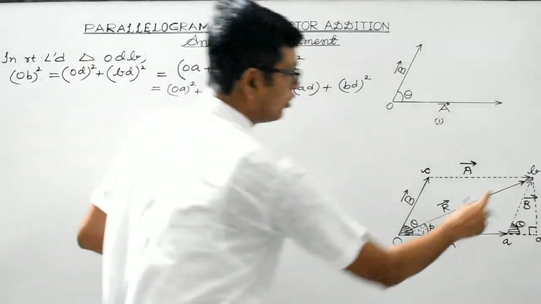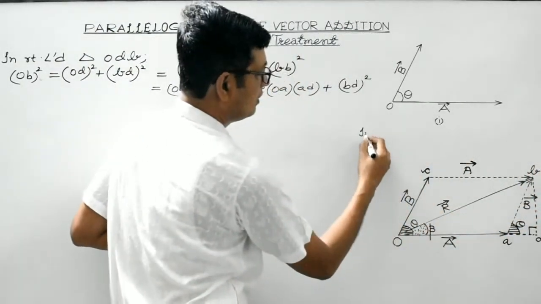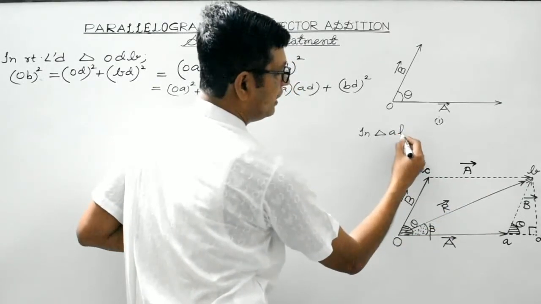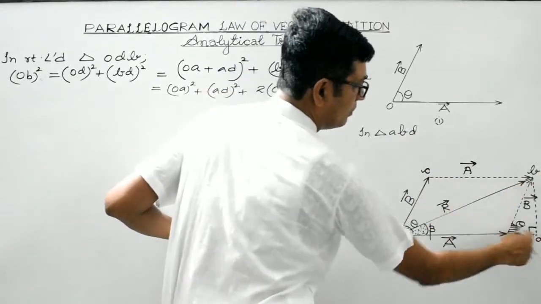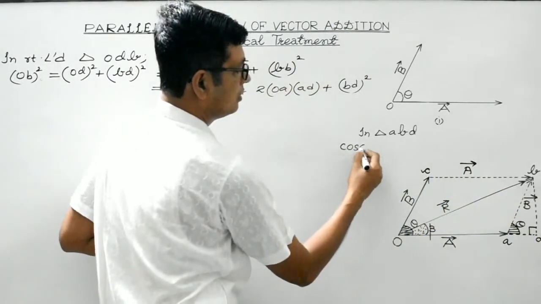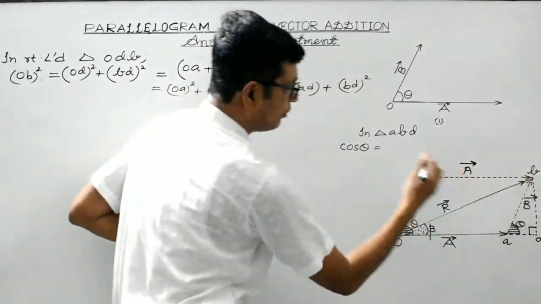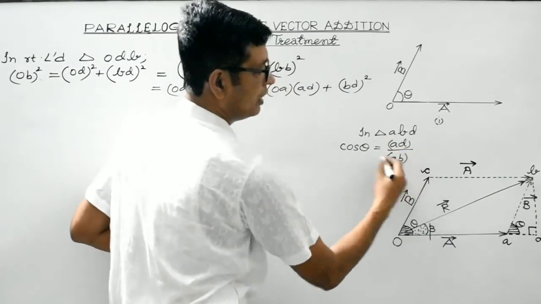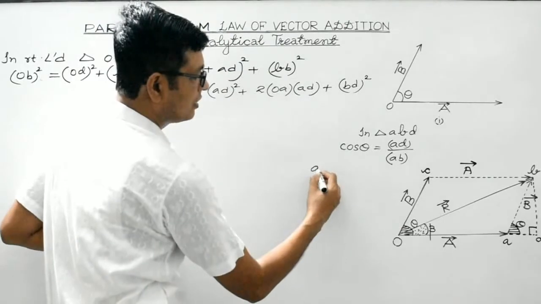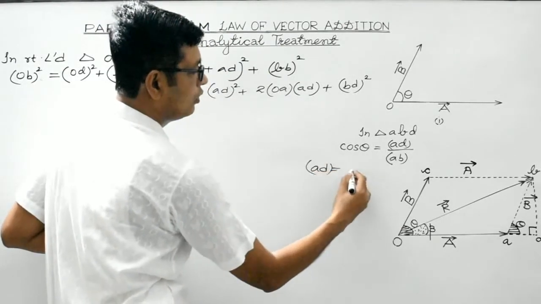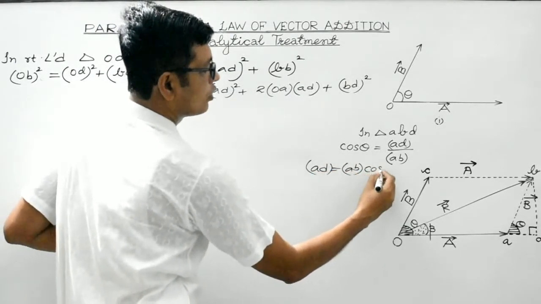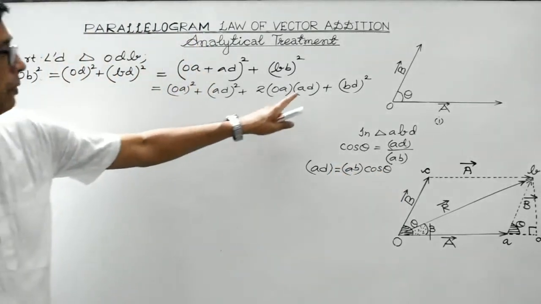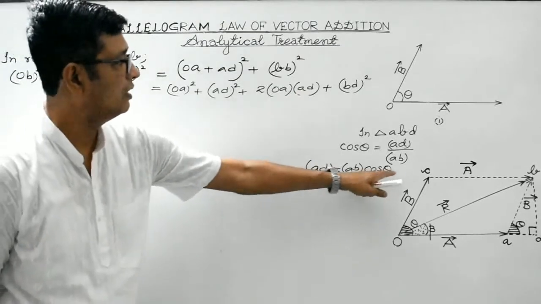For that, in triangle ABD, consider cos theta. Cos theta is base over hypotenuse, that is AD divided by hypotenuse AB. So AD is equal to AB cos theta. Right, students? So in place of AD we can write AB cos theta.